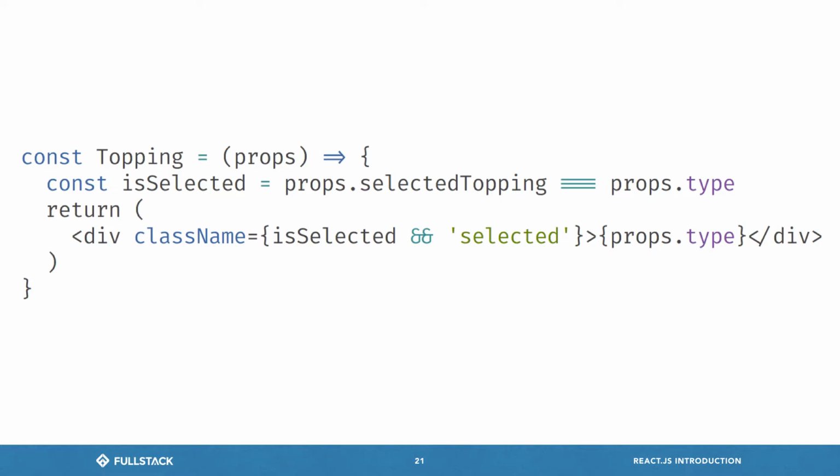Topping is a function component, and it takes in props, and we can say, okay, are you selected or not? And we'll say, okay, if I am the selected topping, and it equals the type of my prop, so like, I am broccoli. If the selected topping is also broccoli, then is selected can be true. And based on is selected, I can decide to add certain classes that might have certain styles or show certain things.